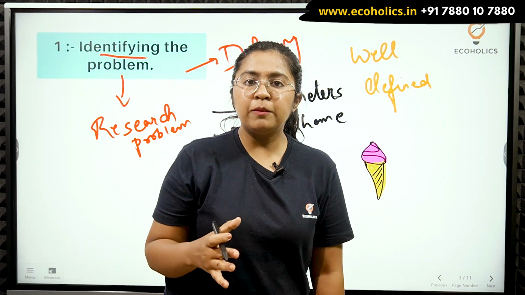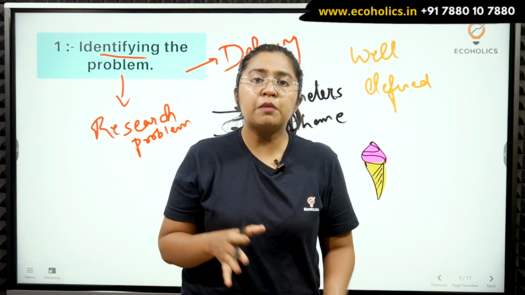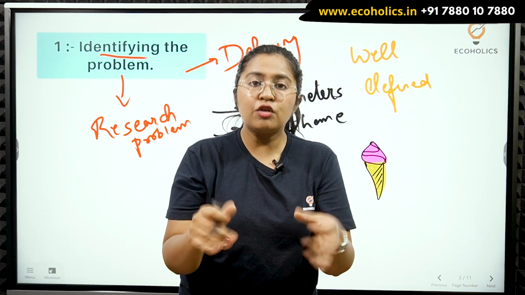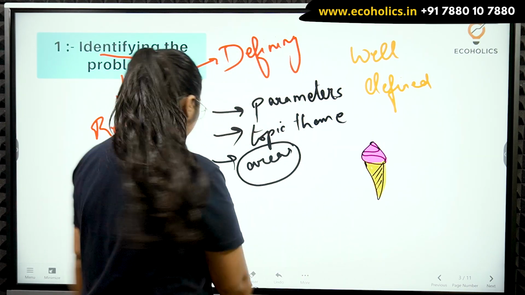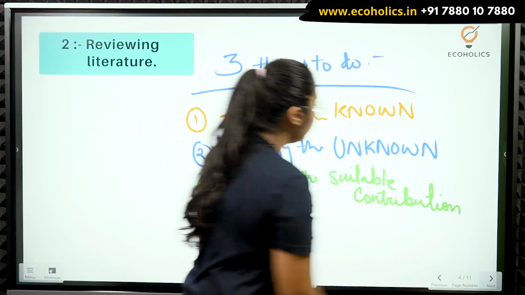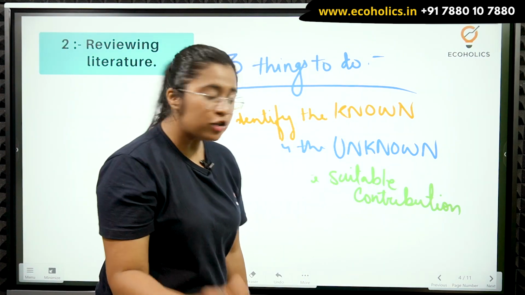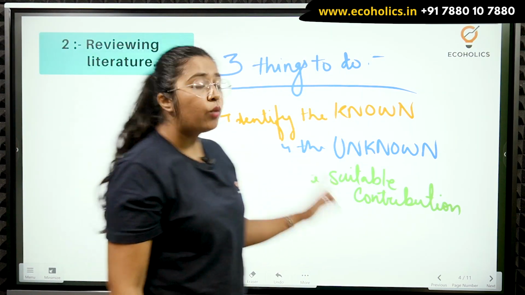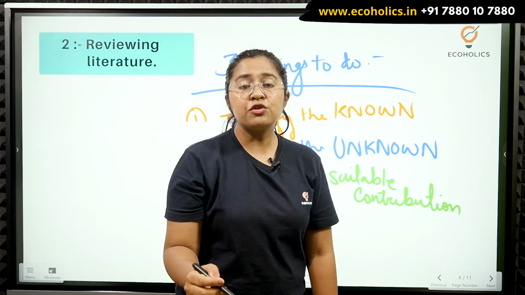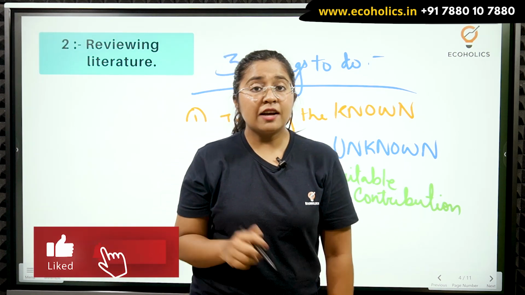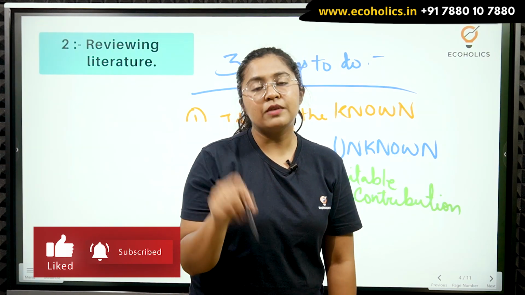So identification of research problem is moreover like making an outline of the structure of what you're going to find, while the reviewing of the literature has a major objective to find out what the researcher actually is going to contribute towards the research. So these are the first two stages of the research process.